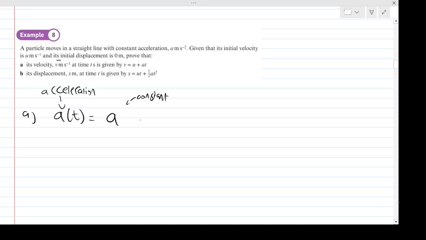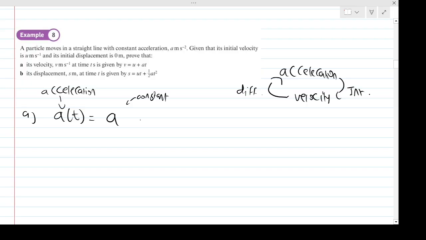So then, if I want the velocity, I'm going to need to integrate. So remember, from acceleration to velocity, I'm going to need to integrate. Do not get confused. It's not differentiation, because velocity would differentiate to acceleration. But if we go the other way around, from acceleration to velocity, then it's the opposite, so integration. You can remember these links by recognizing what their graph gradients mean.